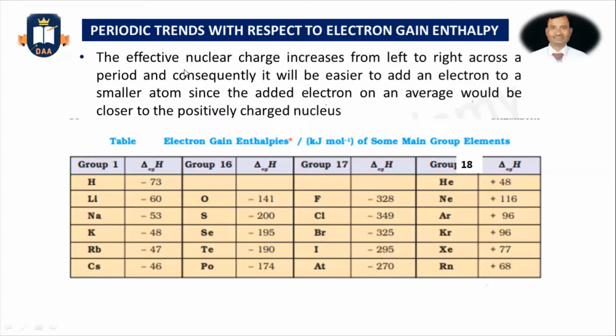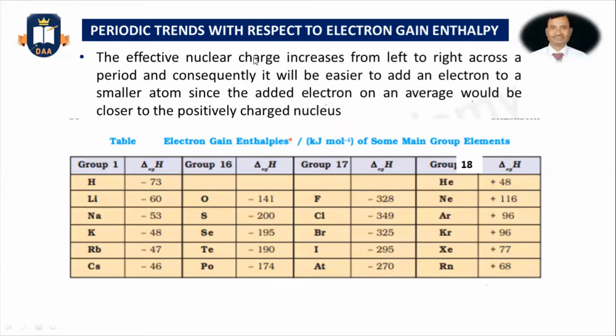The effective nuclear charge increases from left to right across a period. Obviously, because across a period we know that the outermost shell will remain the same, but due to the increase of the atomic number, nuclear charge will increase.